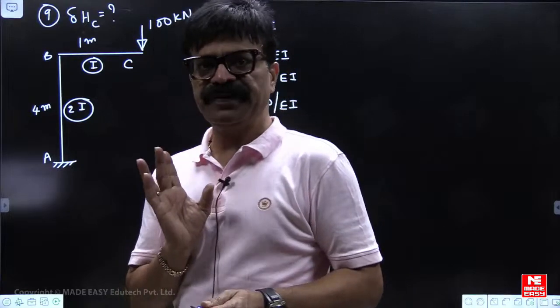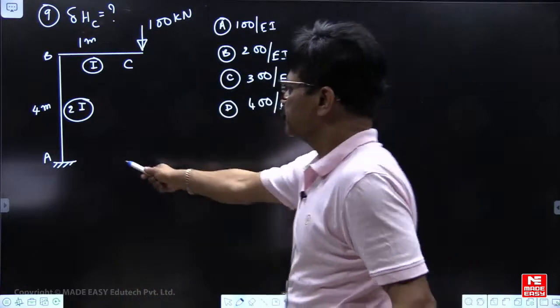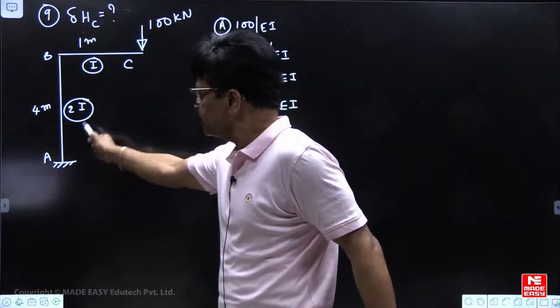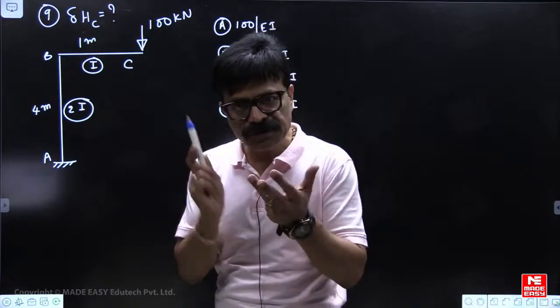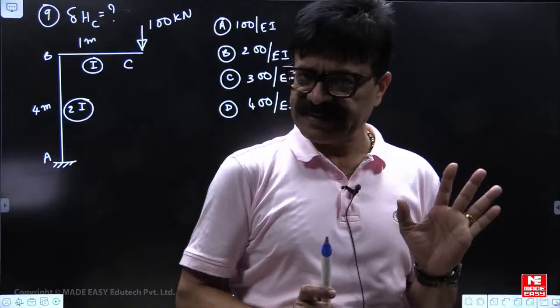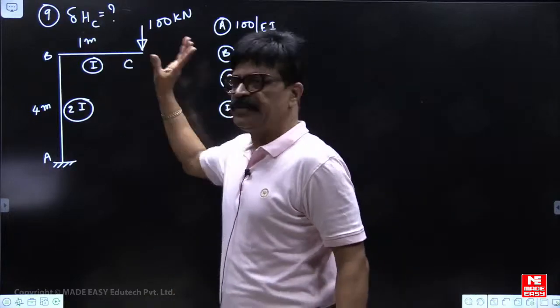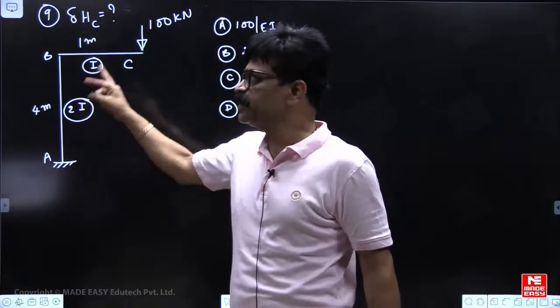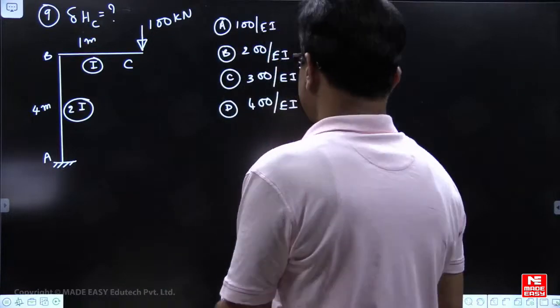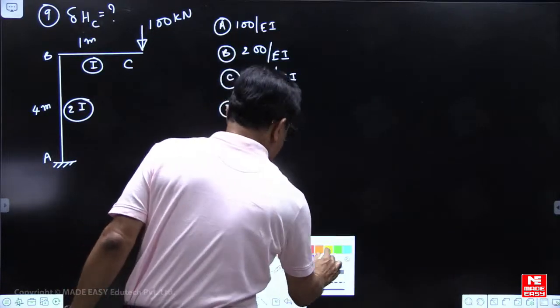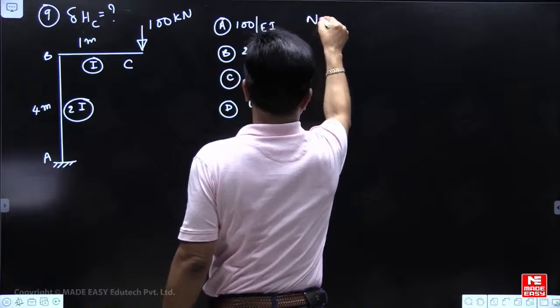Only determinate we are discussing. Cantilever means fixed support, free end, so it is a determinate frame. So you must use only the strain energy method. Then they will give you only two segments, so we can complete in 1 minute. Your task in 1 minute is this one.